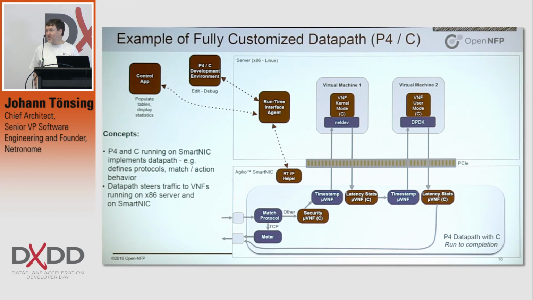But if you look at what it actually does, being a NIC, there are features like checksum offloading. There are features like a link state that need to be made available to the host to be a proper NIC.